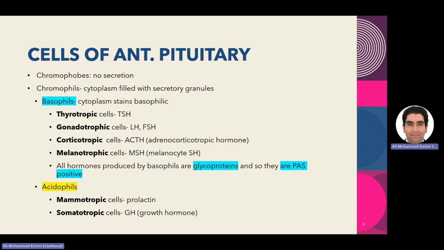So both ACTH and MSH get produced at the same time. And because these are basophilic cells, they are easily stained by PAS staining, so they're PAS positive. And that's all the cells you need to know for the anterior pituitary.